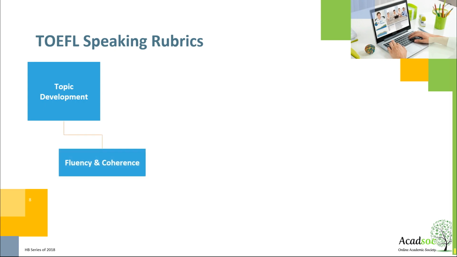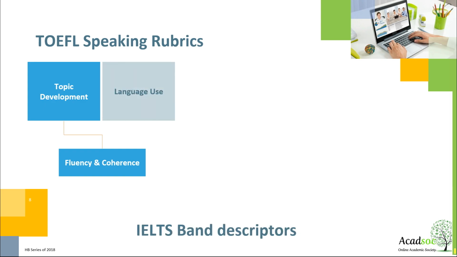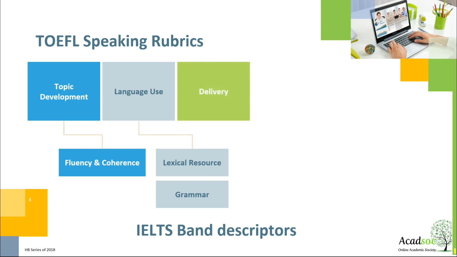In IELTS, this is similar to fluency and coherence. Language use, on the other hand, refers to how well they use grammar and vocabulary to express themselves. And lastly, we have delivery. It refers to how clearly and intelligibly they speak. This includes pronunciation, flow, intonation, and pacing.